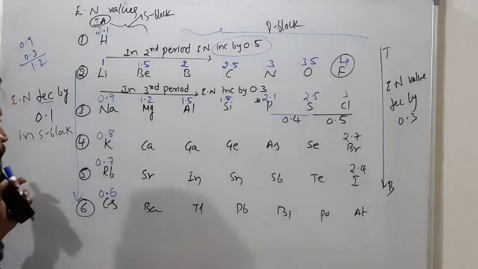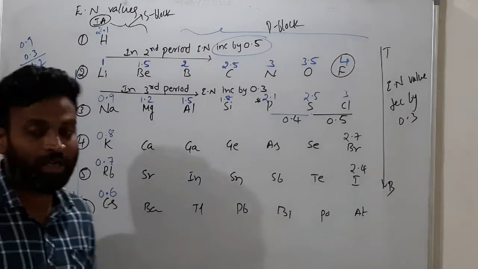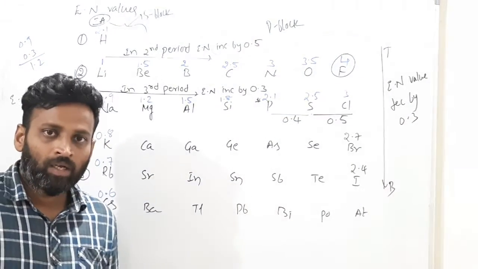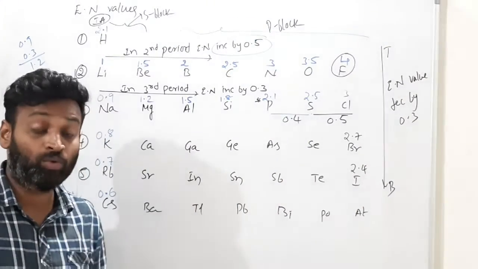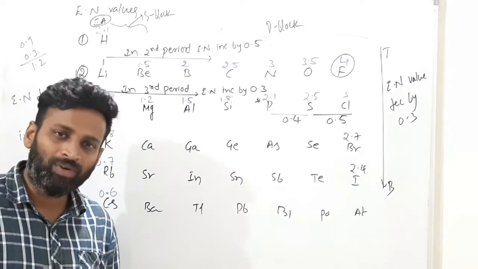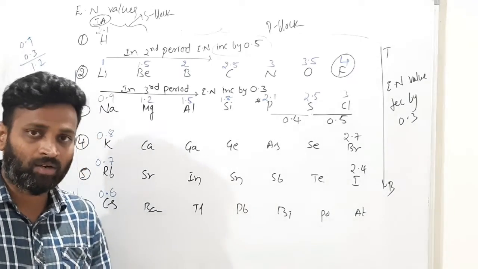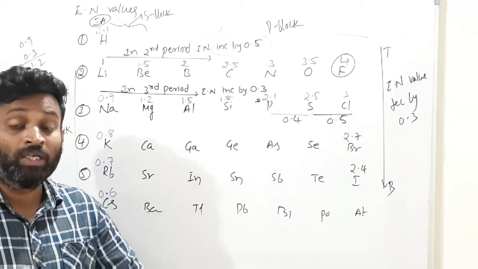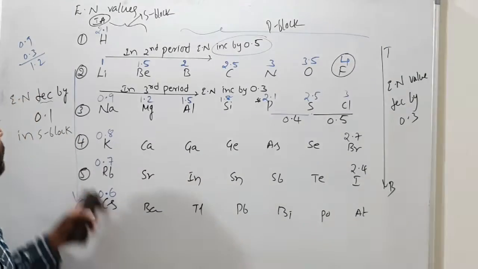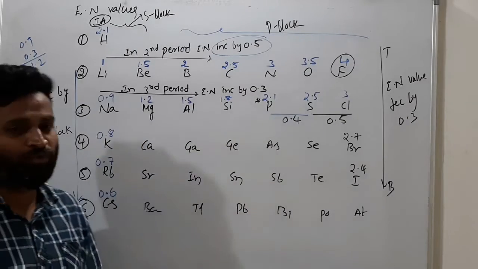That's it. So if you know maximum of the electronegativity values, you can come to know. Okay, if you like, you can follow this one so that you can come to know who is more electronegative. So who will lose electron, who will gain electron, who will have a negative charge, who will have a positive charge. These are all things you can understand. So please write down all these things. Very important.